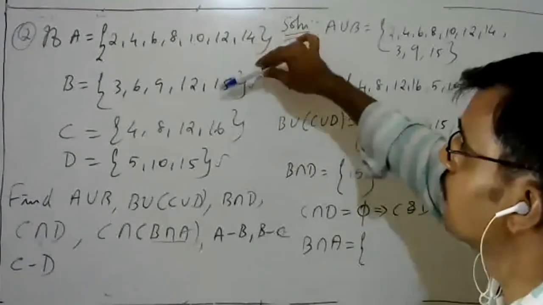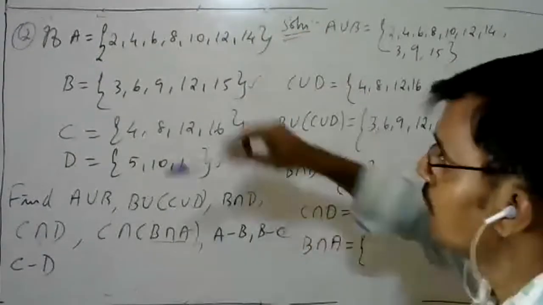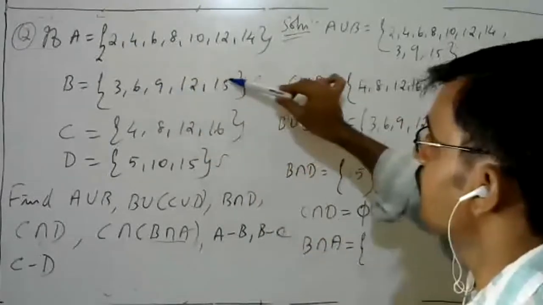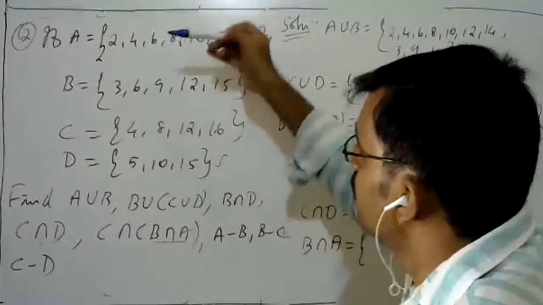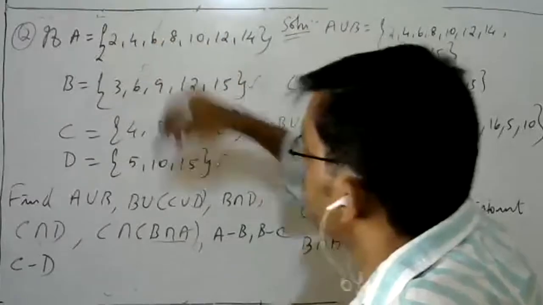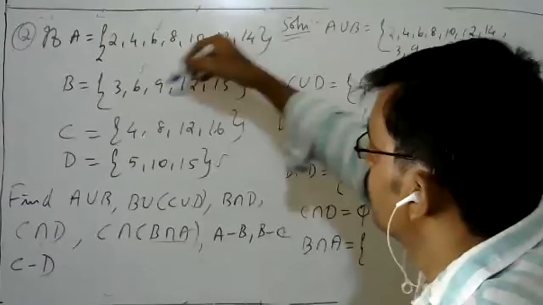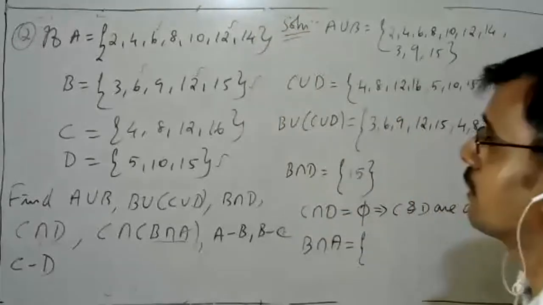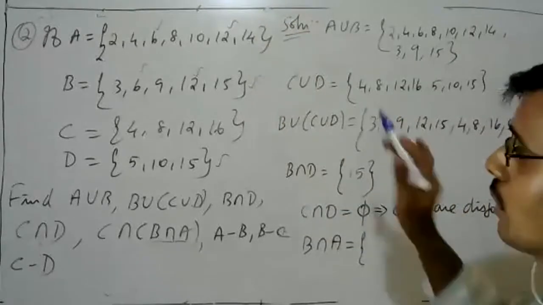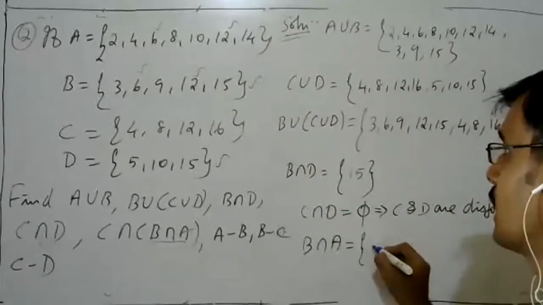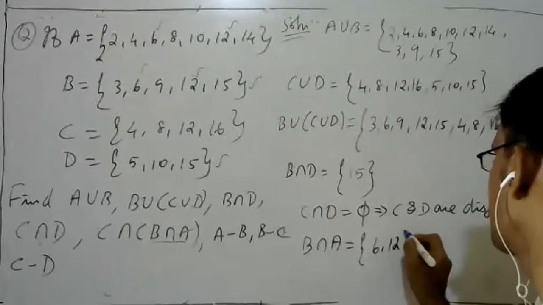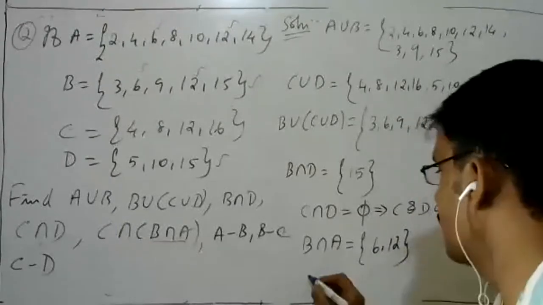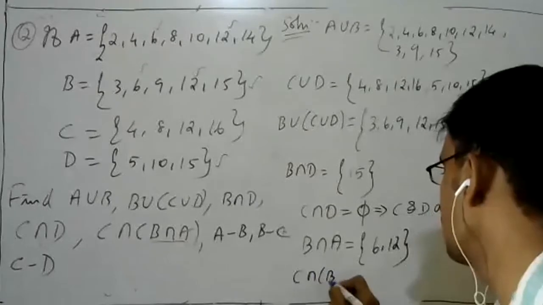Common elements of these two, A and B. 2 is here, not there. 4 is not there. 6 is there. 6 is the common element for A and B. 8 no, 10 no, 12 is a common element in both sets. So B intersection A is 6, 12, only 2 elements. Now come to C intersection B intersection A.